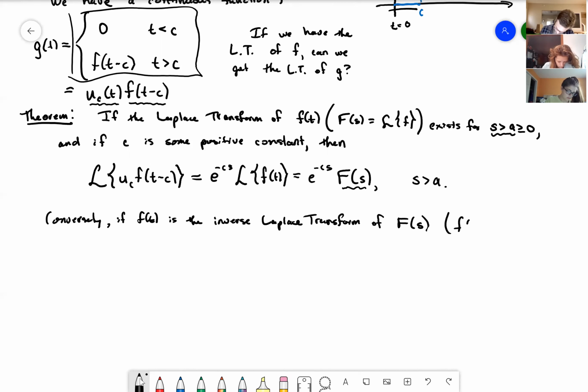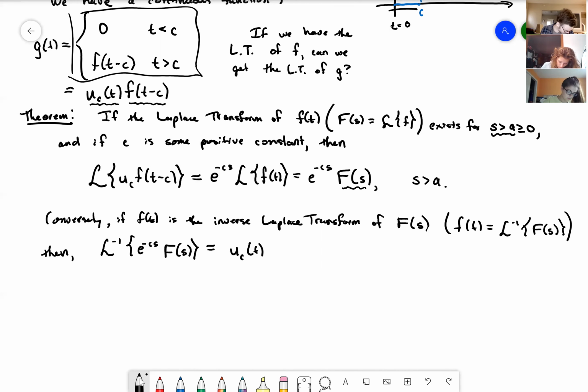I'm saying that f of t is equal to the inverse Laplace transform of capital F of s, then we have the inverse Laplace transform of e to the minus cs F of s as well. And it is just what we expect. It's the shifted version of f, starting at t is equal to c.